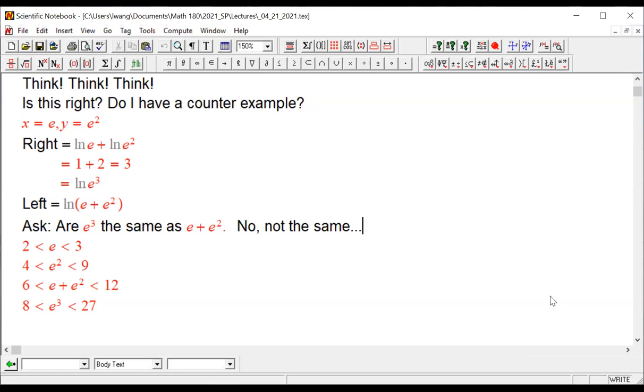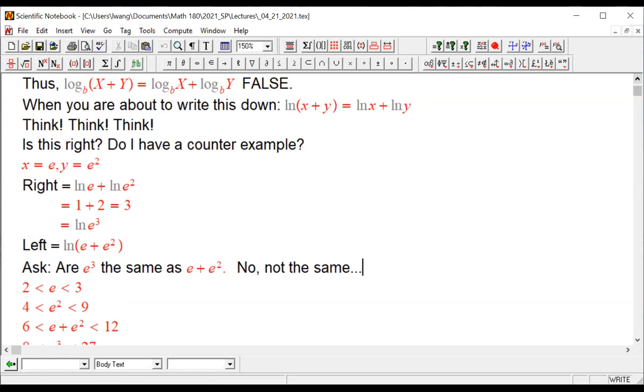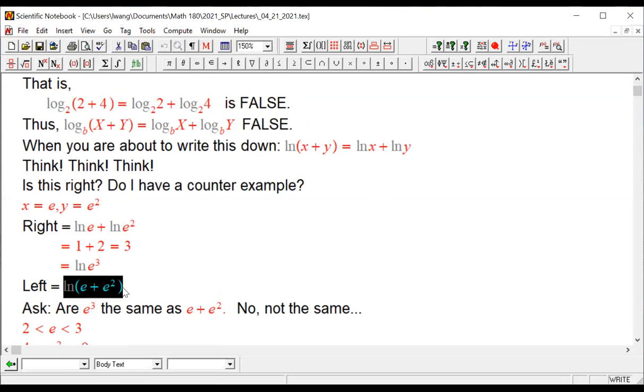Now, use our logical mind. If these two are not the same, that means the right is not the same as the left. Once the right is not the same as the left, it is not the same forever. Do you follow me? False once, false.